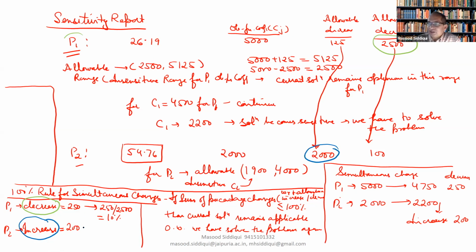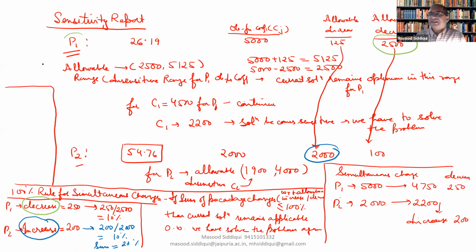So the corresponding percentage change would be 200 divided by 2,000. Again, the value comes out to be 10%. So the sum is 10% plus 10%, which is 20%.